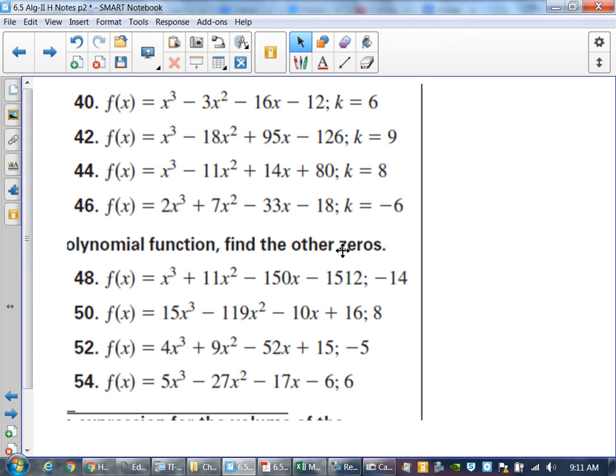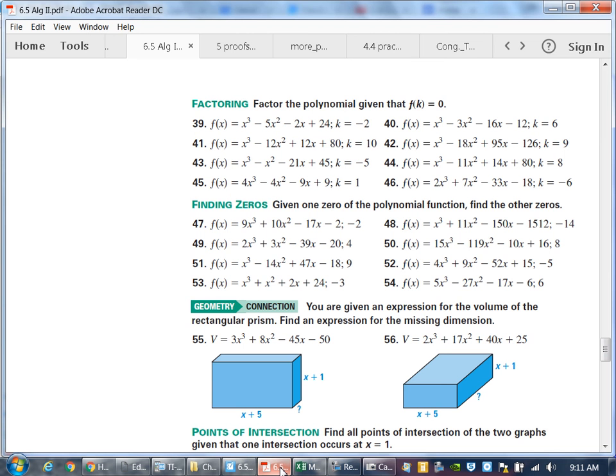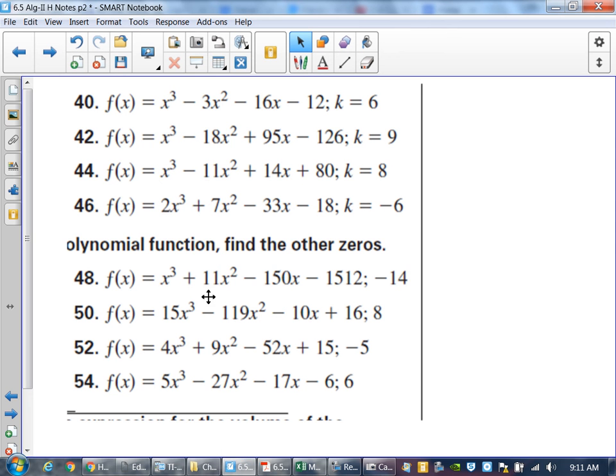I believe it said factor the polynomial, given 1 zero, and find all the zeros. For the first 4, you're just writing down the factors. The second 4, you're writing down all the zeros. And then 56, you've got to figure out the missing term. It's pretty easy. See if you can figure it out. I have faith in you.